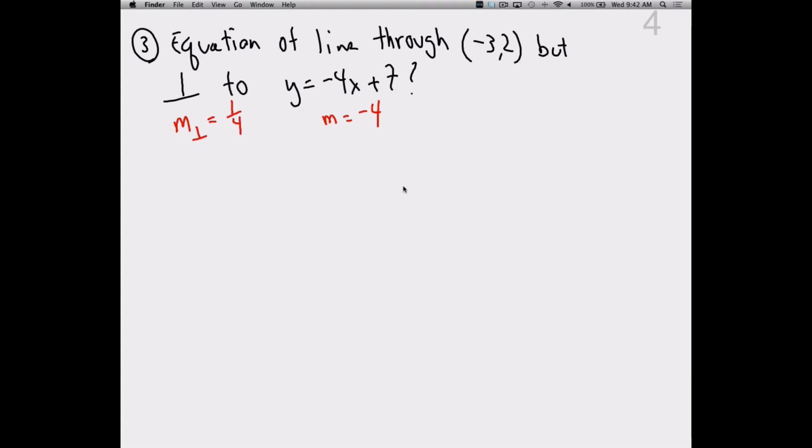Okay, Ashley, put that together now. What's the equation of our line? Y minus 2 equals 1/4 x plus 3.